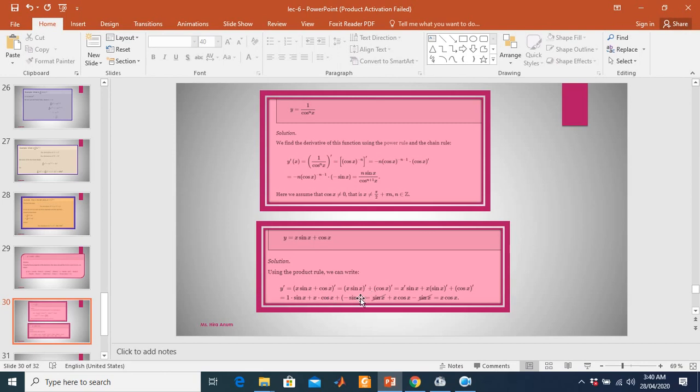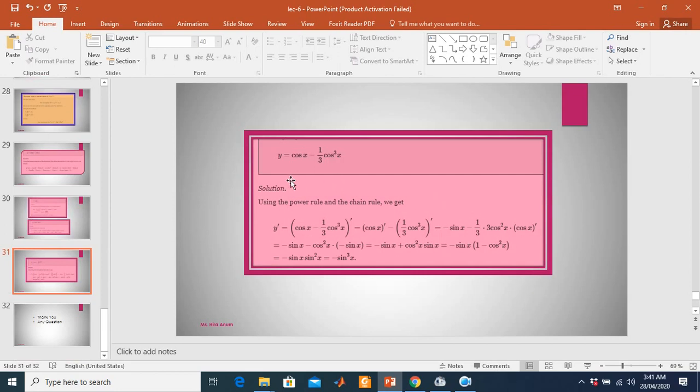Here we use the product rule: the derivative of x is 1 times sin x, plus x times the derivative of sin x, which is cos x. It becomes sin x plus x cos x minus sin x. When we simplify, the answer will be x cos x.